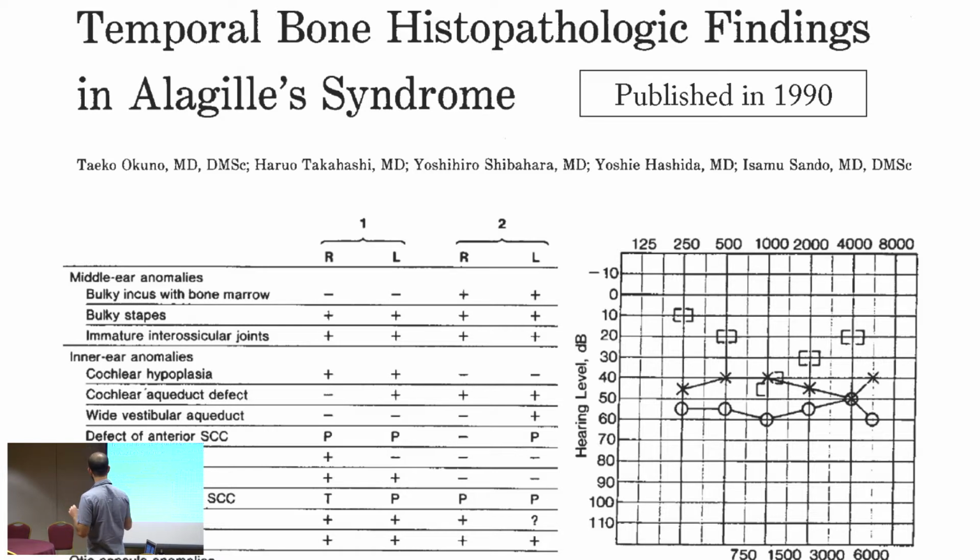There's very little out there in the literature, but we did find one paper in 1990, a study in Japan where I think they had looked at 2 patients post-mortem and dissected out their temporal bone with the middle ear bones. In these 2 patients, one was said to have a bulky stapes, and the second patient had both a bulky incus and a bulky stapes. They didn't publish any of their pictures, so I don't really know what this looks like, but at least there's then precedence for this.